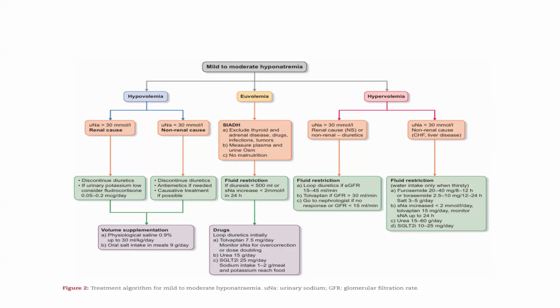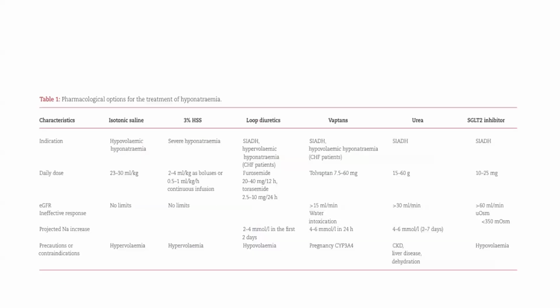We also have to treat it with fluid restriction, or we can give diuretics like furosemide 20 to 40 mg every 8 to 12 hours, torsemide 2.5 to 10 mg every 12 to 24 hours, and salt, that is 3 to 5 gram per day. If serum sodium increases less than 2 per day, then tolvaptan 15 mg per day, and monitor sodium up to 24 hours. Administer urea, that is 15 to 60 gram per day, and SGLT2 inhibitor 10 to 25 mg per day.